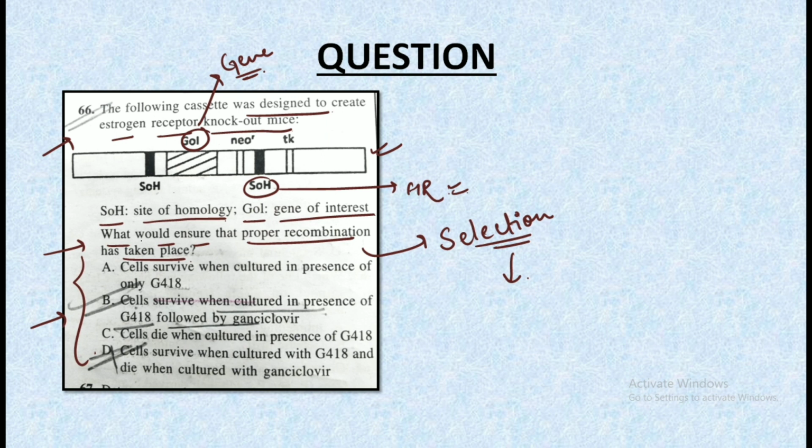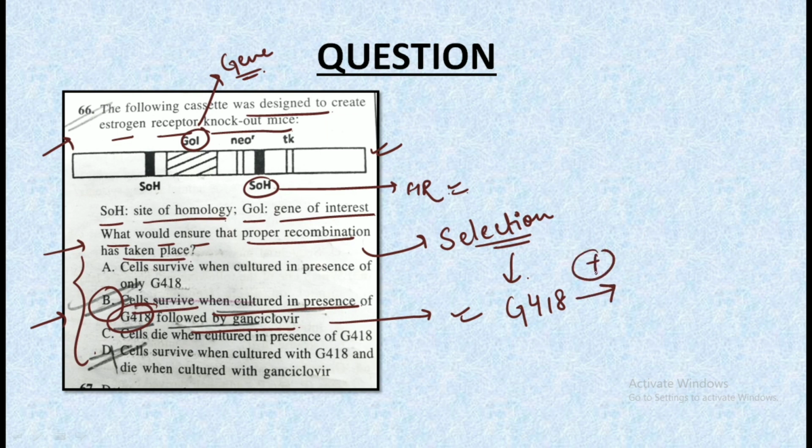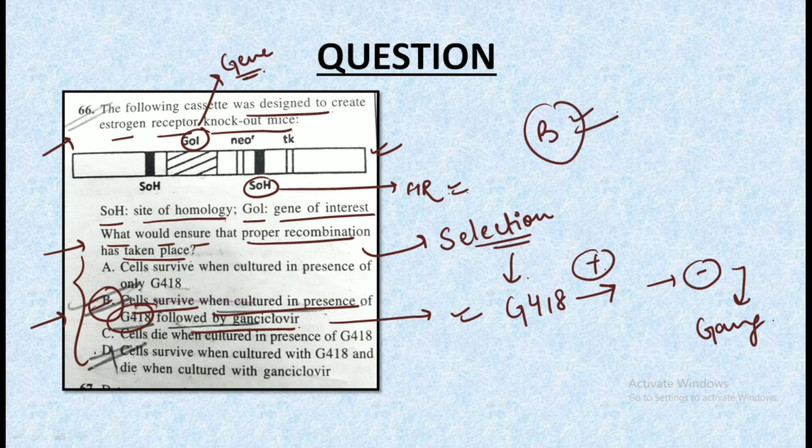As you can see, the second option says that the cells survive when cultured in the presence of G418 followed by ganciclovir. So this is the experiment that we have performed, in which we had the growth of the vector over the G418, which was the positive selection, and it was followed by the negative selection, in which we grew the vector over the ganciclovir. So this is what is actually asked in this question. So B is the correct answer for this particular question.